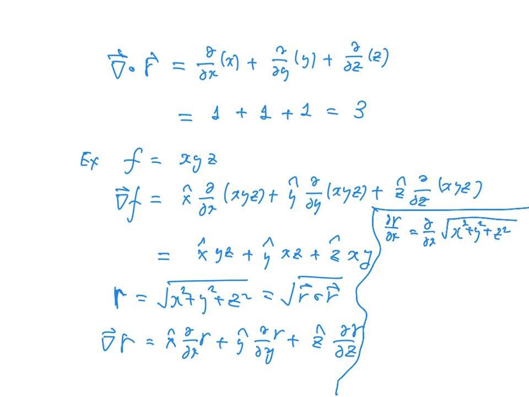So we can put this whole thing as some g. Then you can use the chain rule: d root g over dg times partial g over partial x, right? This is the chain rule.